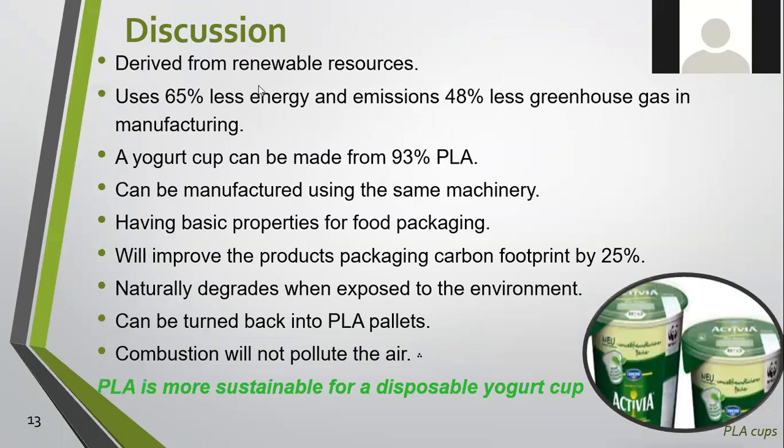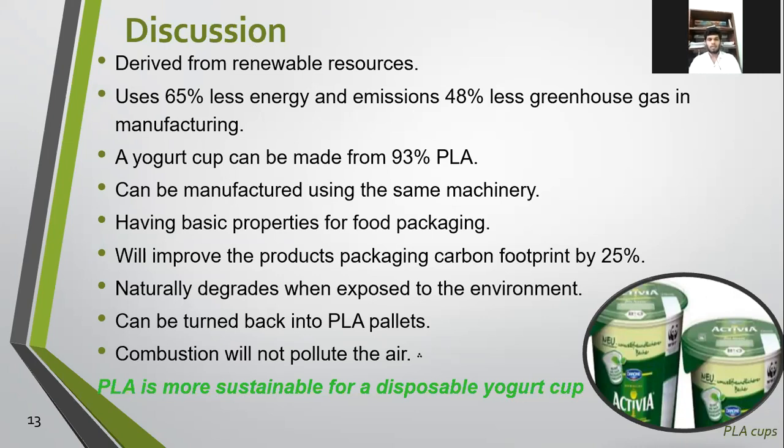I'm Abhikrama GNR. I'm going to explain the things that we have discussed to choose the best alternative for disposable yogurt cups. As we mentioned above, PLA cups have these advantages. They are derived from renewable resources.